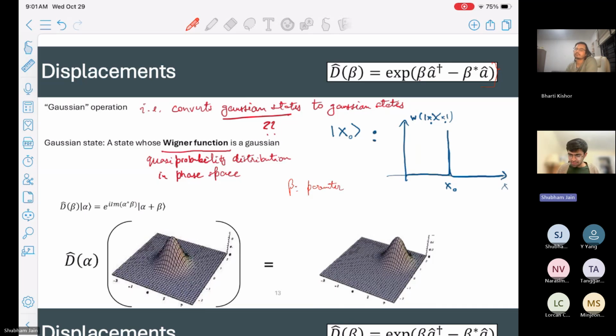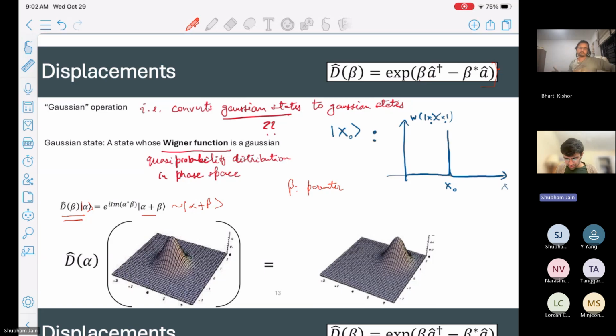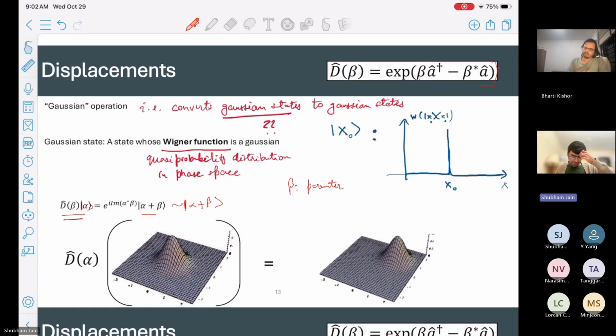And these a daggers and a's are of course the creation and annihilation operators. The action of this displacement operation is quite simple in the coherent state basis as well. If you act with the displacement of beta on a coherent state alpha, then you just get a state alpha plus beta with some phase. But the important part is that applying a displacement operator on a coherent state just displaces it by this parameter, which characterizes the operator.